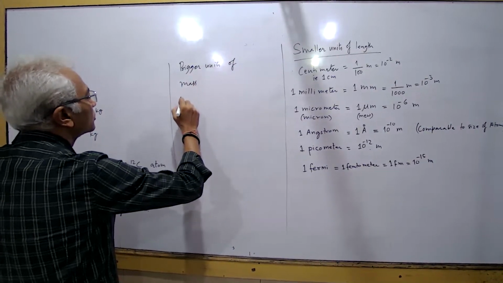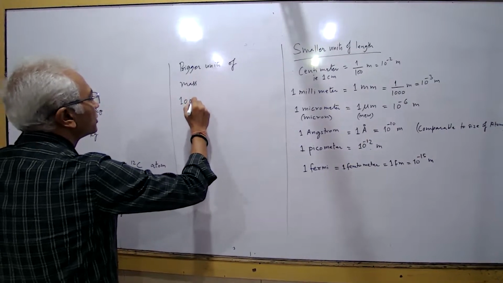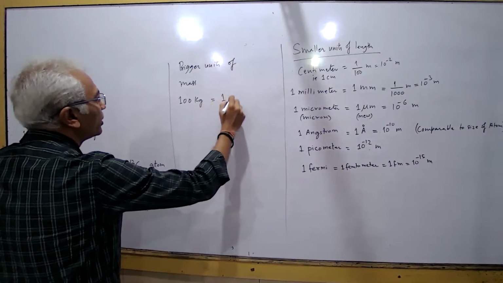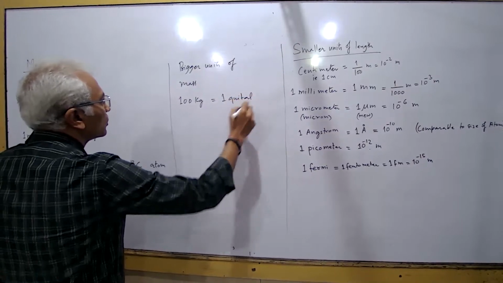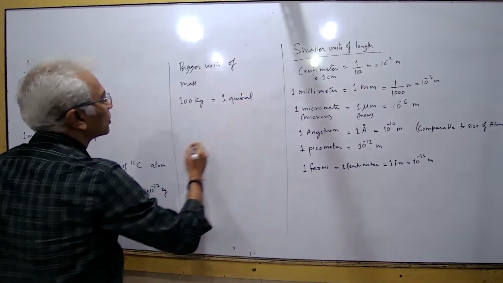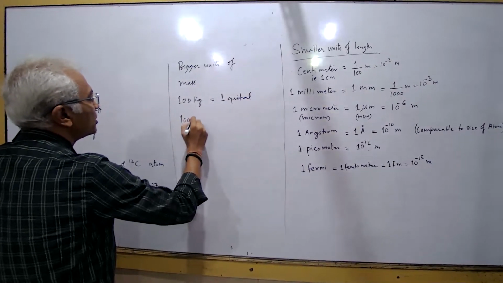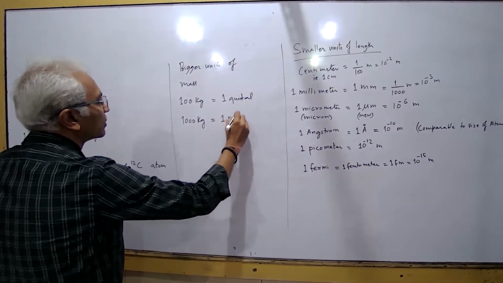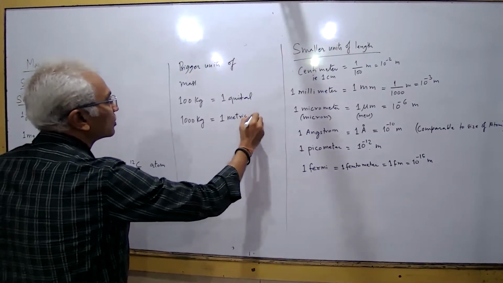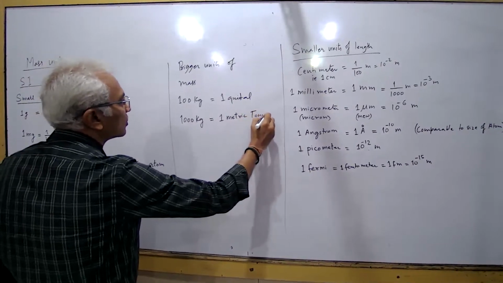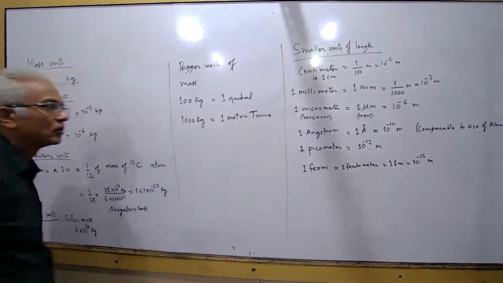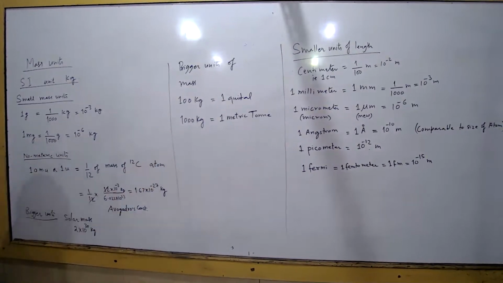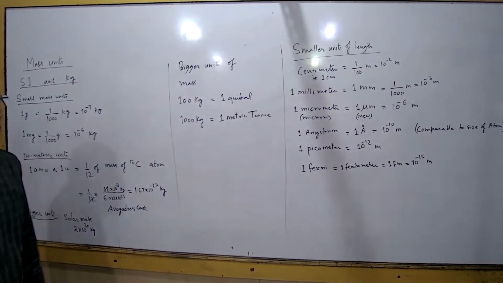So 100 kg is equal to 1 quintal. And 1000 kg is 1 metric ton. Okay, sometimes it is just written as tonne. So this is 1000 kg.